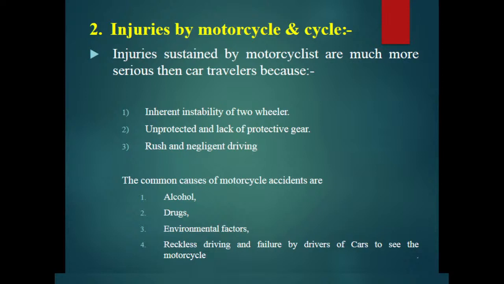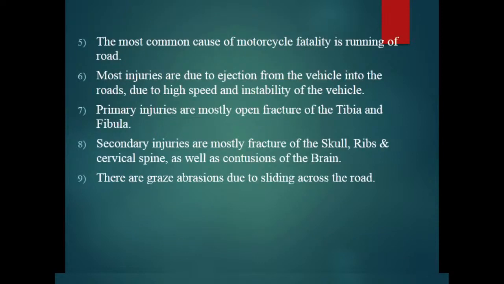Common causes of motorcycle accidents are consumption of drugs and alcohol, different environmental factors which prevent motorcyclists from normal control of the situation, and different sorts of reckless driving and failure by car drivers to see the motorcyclist.